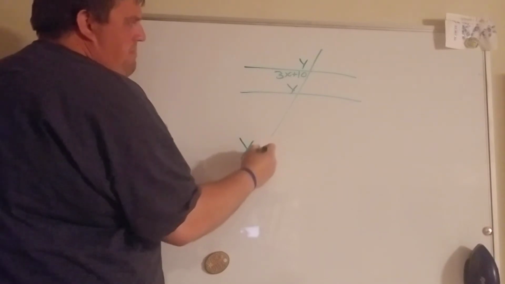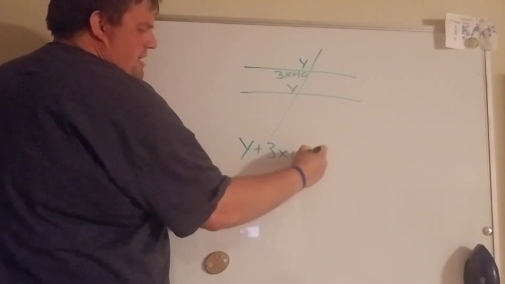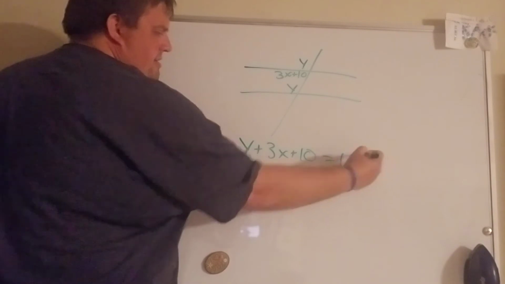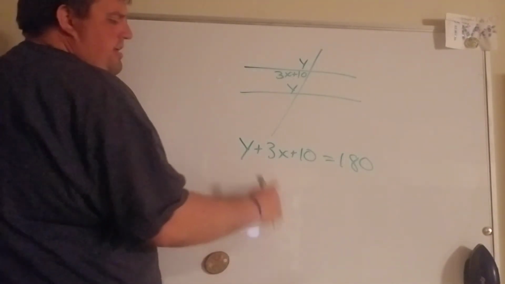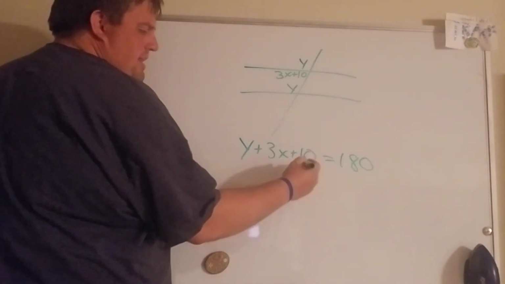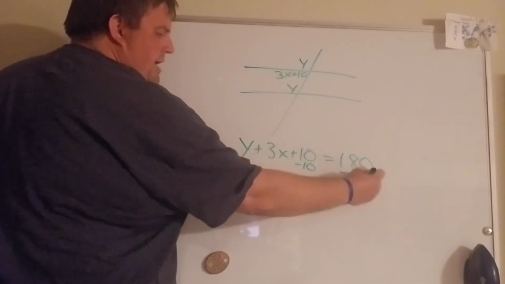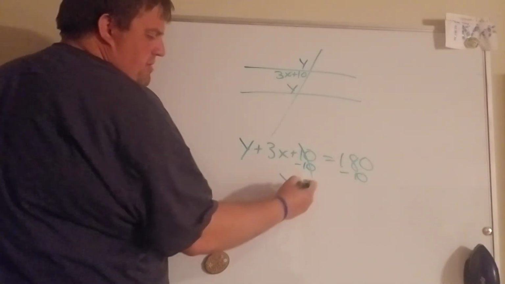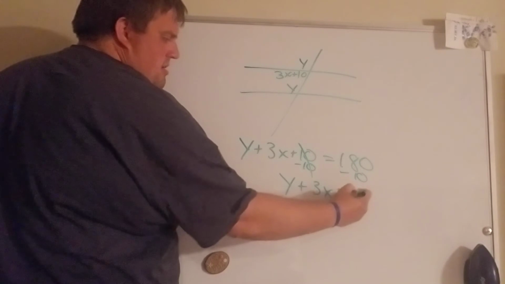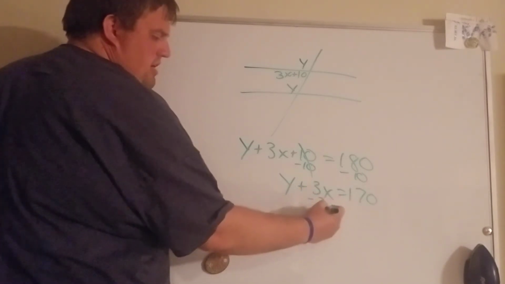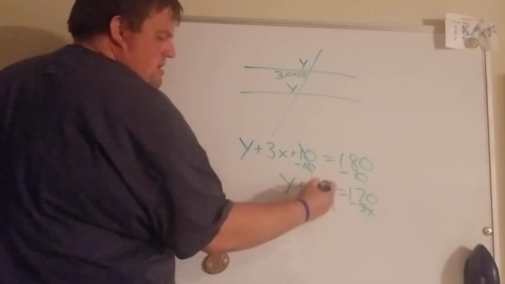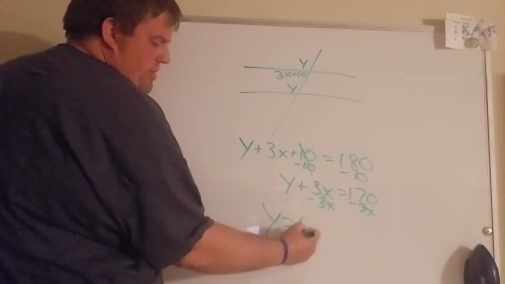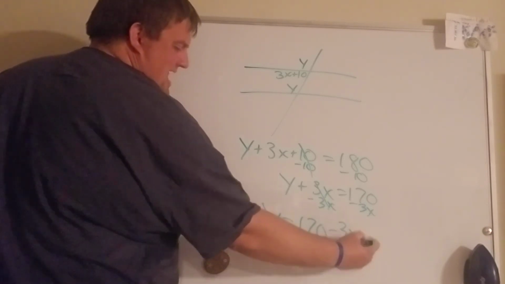So I know that y plus 3x plus 10 has to add up to 180, because they're supplementary. And now I'm just going to keep it like this, but I want it to equal y. It's going to subtract 10 from both sides, 170, and then subtract 3x. So y equals 170 minus 3x.